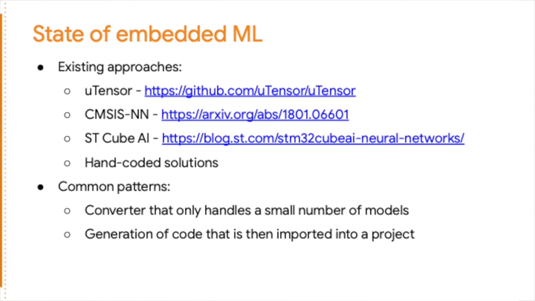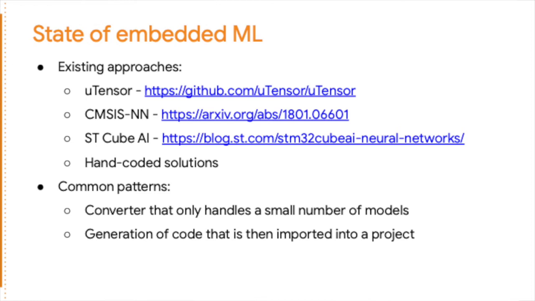And there are proprietary, vendor-specific solutions like ST's Cube AI, which let you convert models into optimized code for their devices. Probably the most common solution, though, is that people will train a small model in a training environment, something like TensorFlow or PyTorch, and then they will figure out how to manually transfer that model as code functions into something they can run on their embedded device.